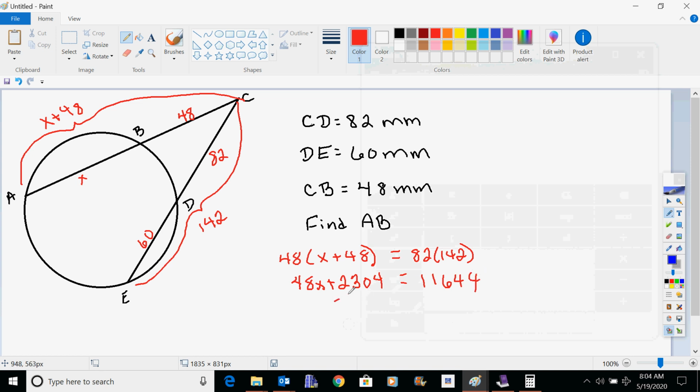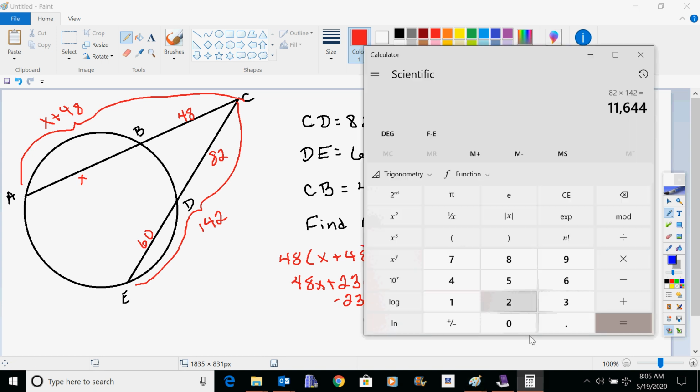Then we need to take away 2304. So 48x equals 9,340.